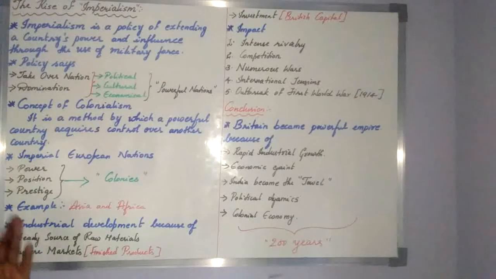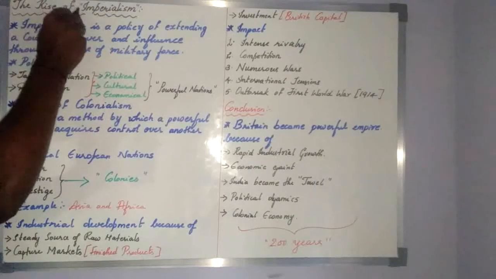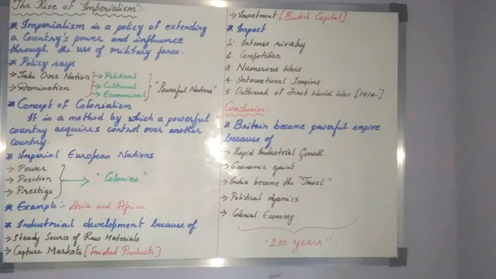Because of the industrial revolution, when it started to change the entire scenario of the world, especially in the European countries, it resulted in many changes. One of the most important changes was a concept called imperialism, which led to the growth of nationalism after the industrial revolution.